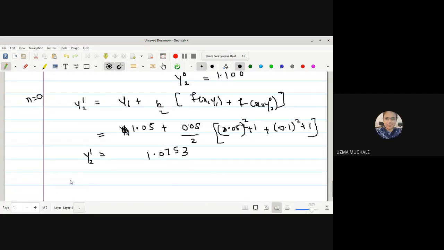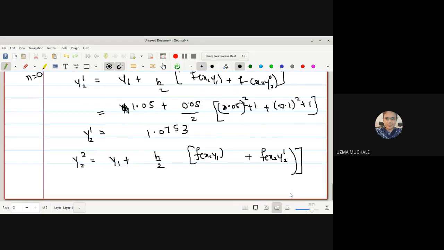Okay. If it is same, let me put like that only, and then we will go for finding y2 too. That is y1 plus h by 2 f of x1 y1 plus f of x2 y2 dash, right? After putting n equal to 1 in the formula, we are getting this.